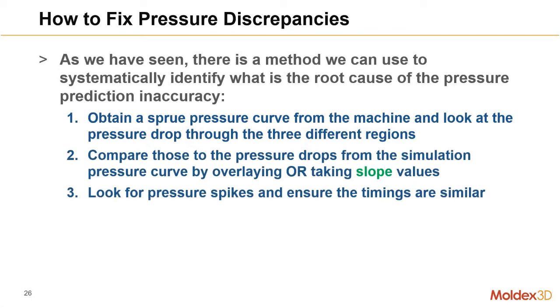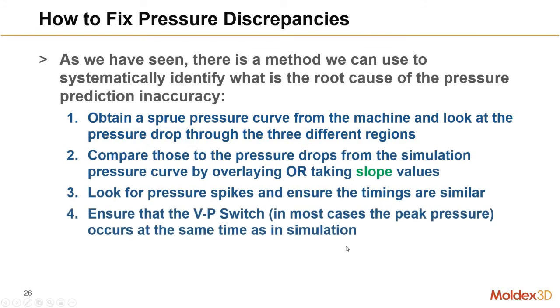But let's say I have a spike at 2.5 seconds in the simulation. I should be able to see that spike also occurs in reality. If it's offset, then that probably means there's something wrong in my cycle time, or something wrong in the correlation between the process I put into Moldex versus the process that I am using on the real machine.